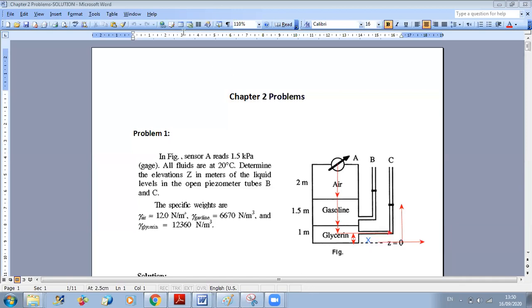I will say that P at A, so PA, let me put it like this to not confuse with P atmospherical.